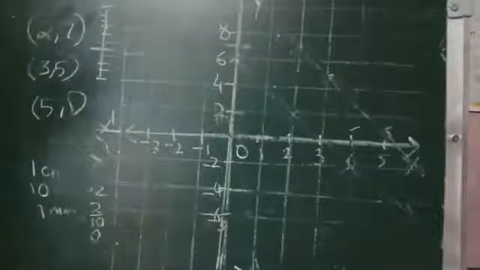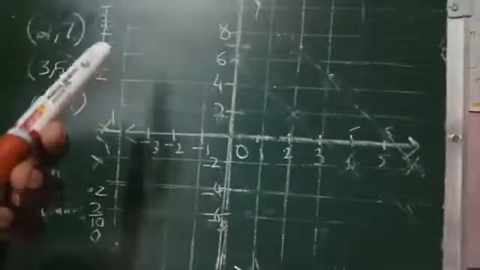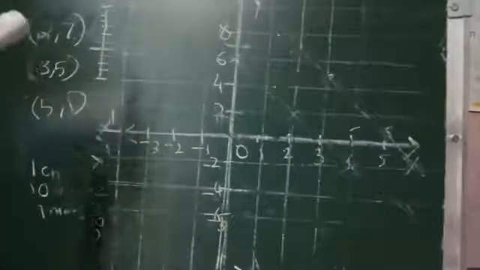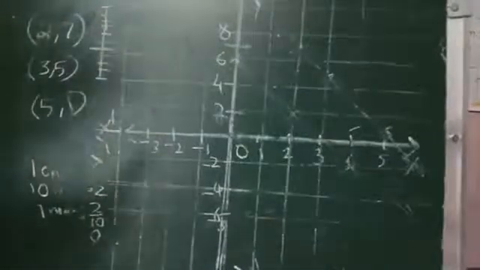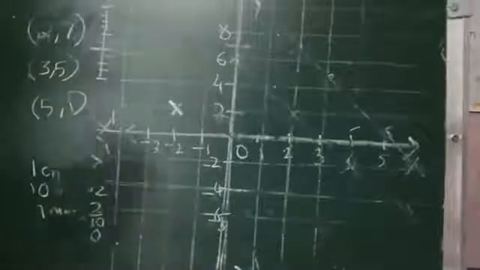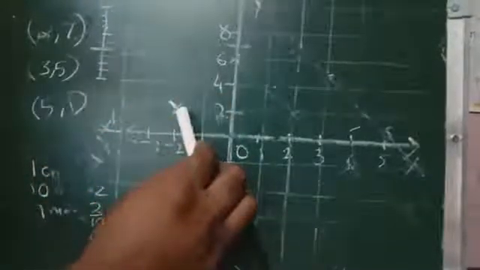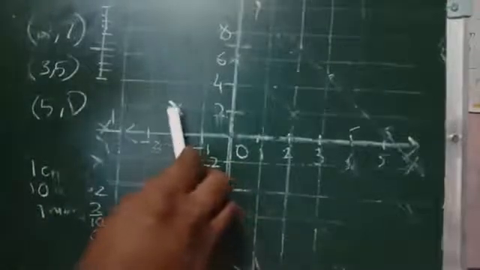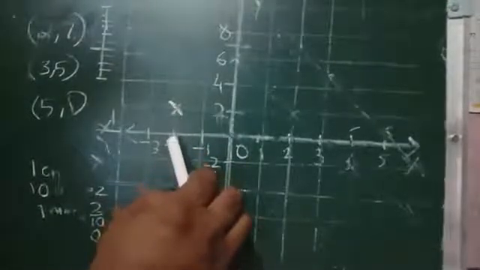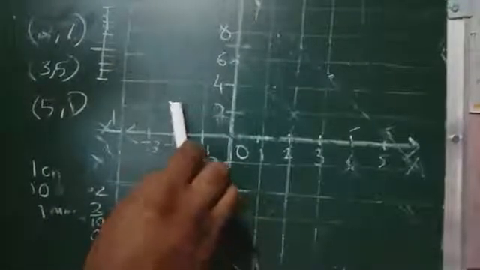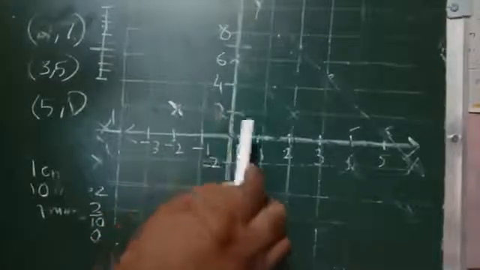But place it in such a way that one edge is placed properly. Like I am taking one edge at just this point. Anywhere you can take the point. If you take one edge at this point, you know its x coordinate is -2 and y coordinate is 2. There is a proper measure for that.